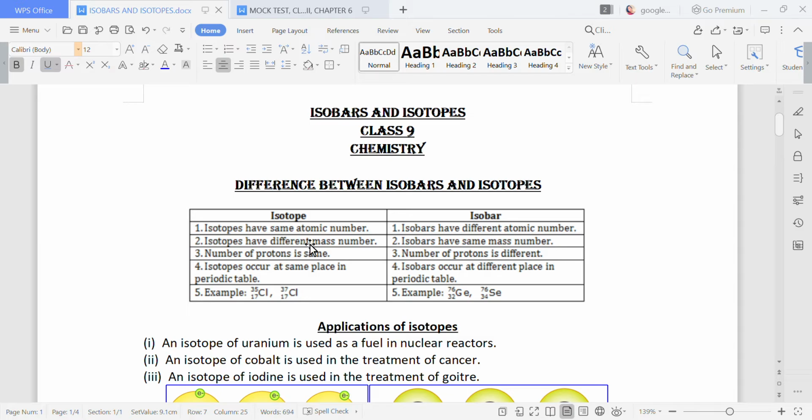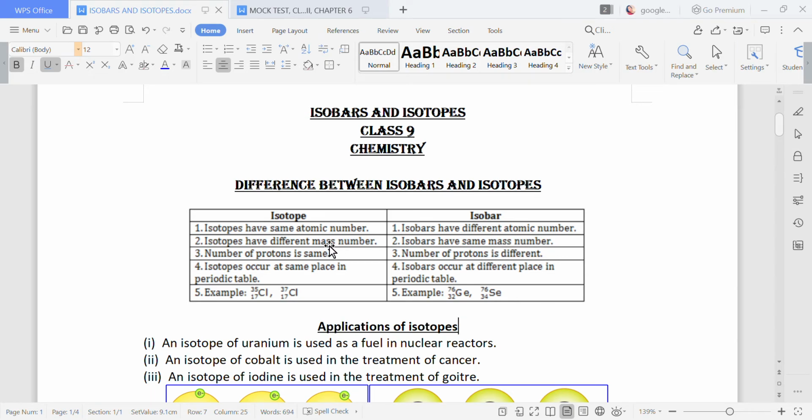Isotopes have different mass numbers, but isobars have the same mass numbers. It means that they are just the opposite of each other. Isotopes are those elements which have the same atomic number, but their mass numbers are different, and isobars are those elements which have different atomic numbers, but their mass numbers are the same.